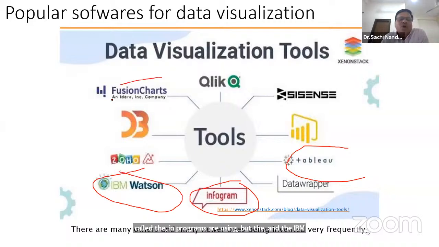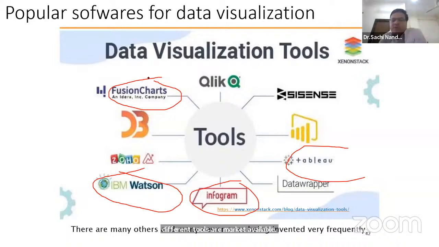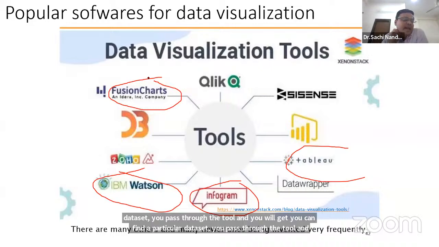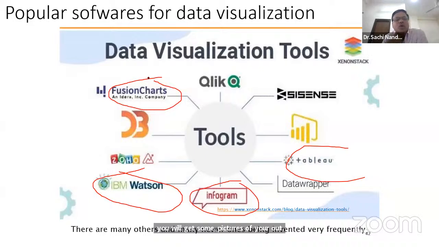Then there are FusionCharts; all these different tools are available in the market. You take a particular data set, pass it through the tool, and get some pictorial representation of your output. Which tool is better? It's not like that. You can use whichever tool you want, or you can develop your own tool by programming, but that depends upon the nature of your input.